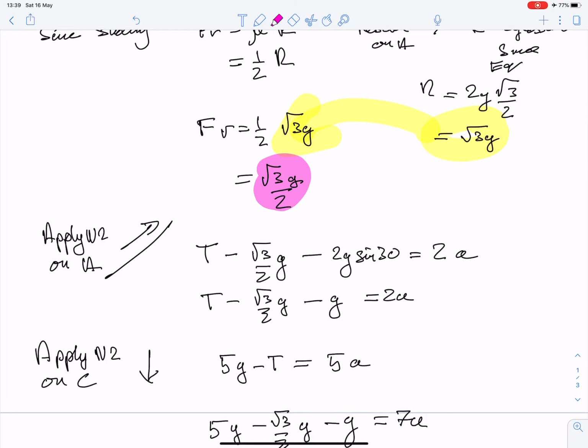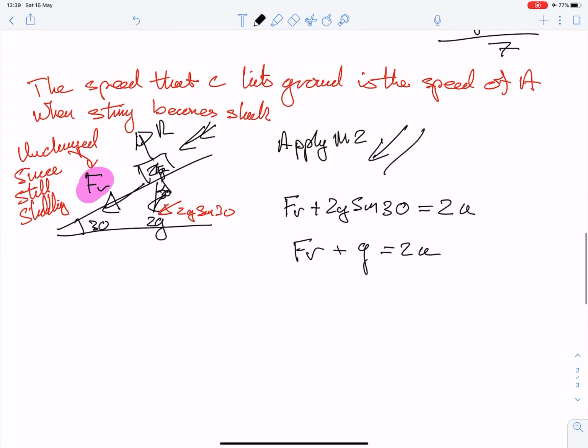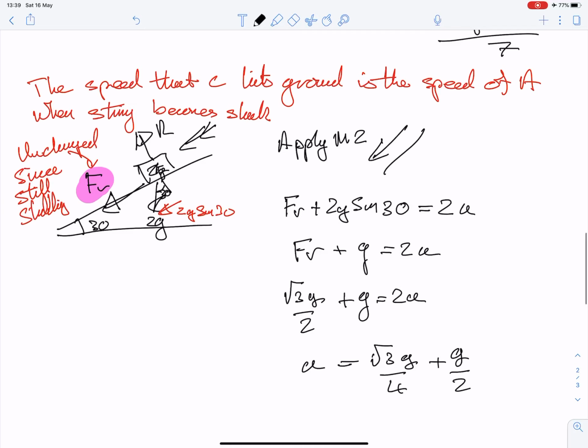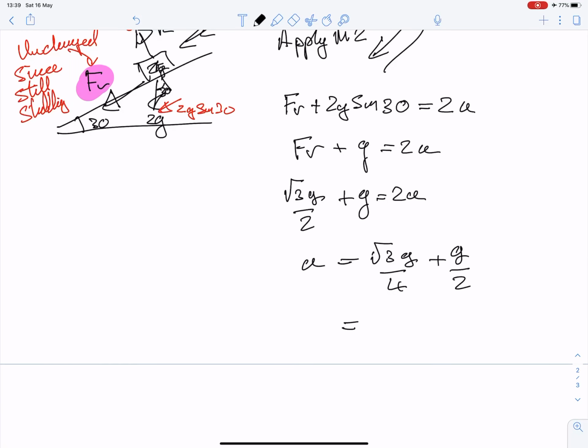So we apply N2 down the plane. We've got the friction plus 2g sine, this angle was 30, and we're using this opposite bit, so this will be 2g sine of 30.